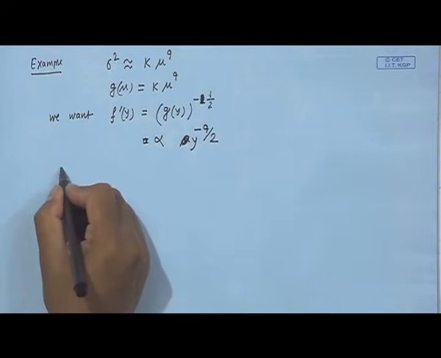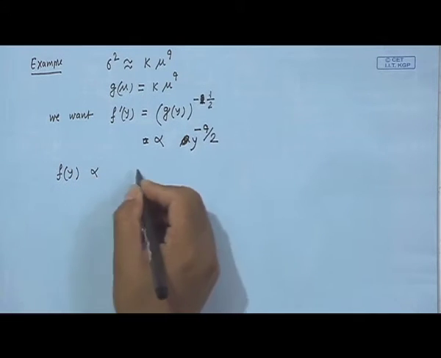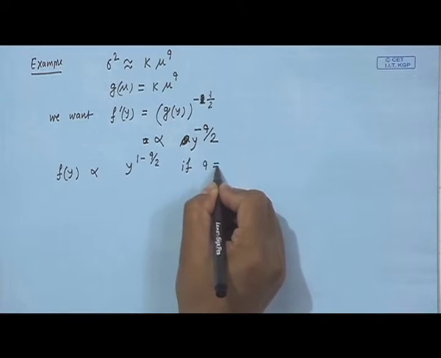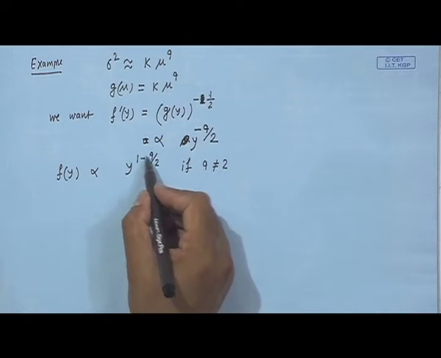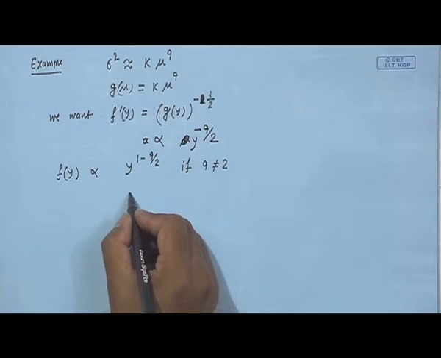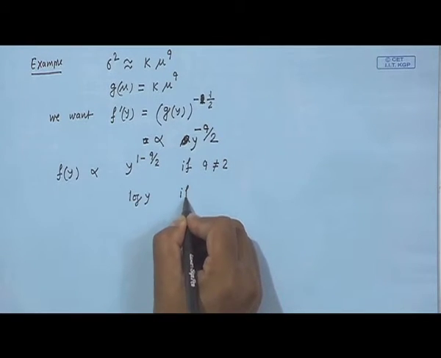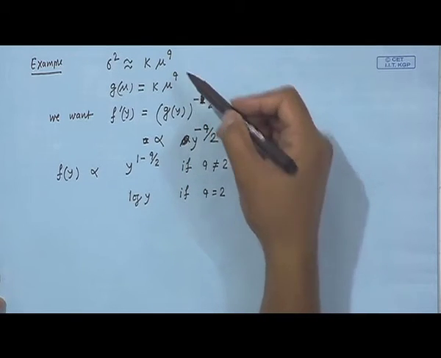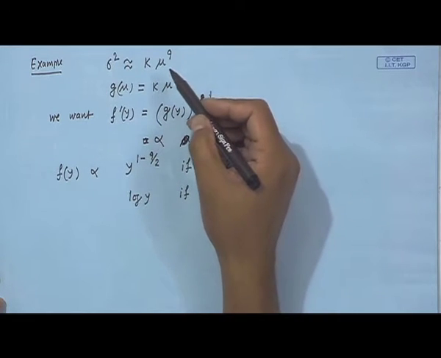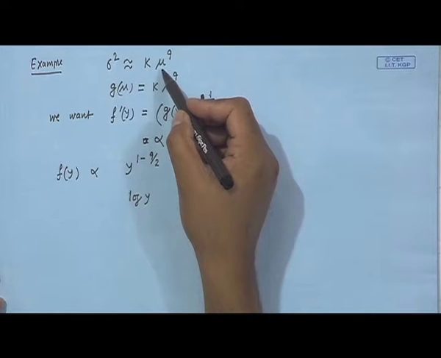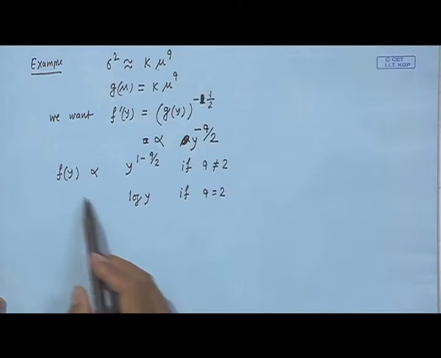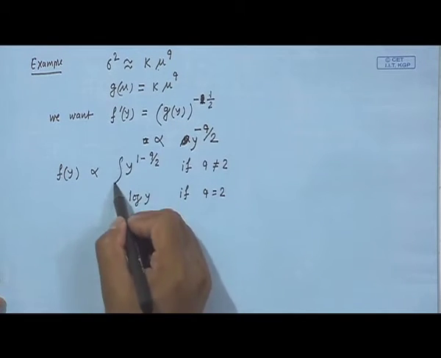Now, you can check that f(y) is proportional to y to the power of 1 minus q by 2 if q is not equal to 2, because if you take the derivative of this one, you will get back this one, and it is log of y if q is equal to 2. So, here is the transformation. What you see here is that if the response variable has variance sigma square, which is a function of mu, and the function is mu to the power of q, then the transformation you have to consider is this one.